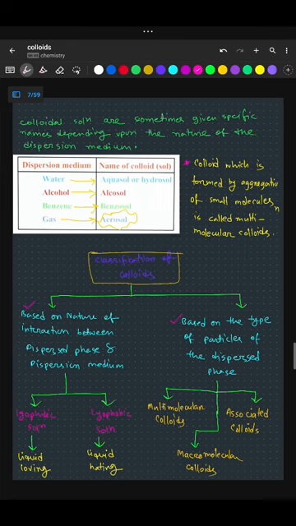The second classification is based on the particles of the dispersed phase, and we put it into three categories: multimolecular colloids, associated colloids, and macromolecular colloids. After that we'll go into detail on them, and I hope you'll then understand them properly.